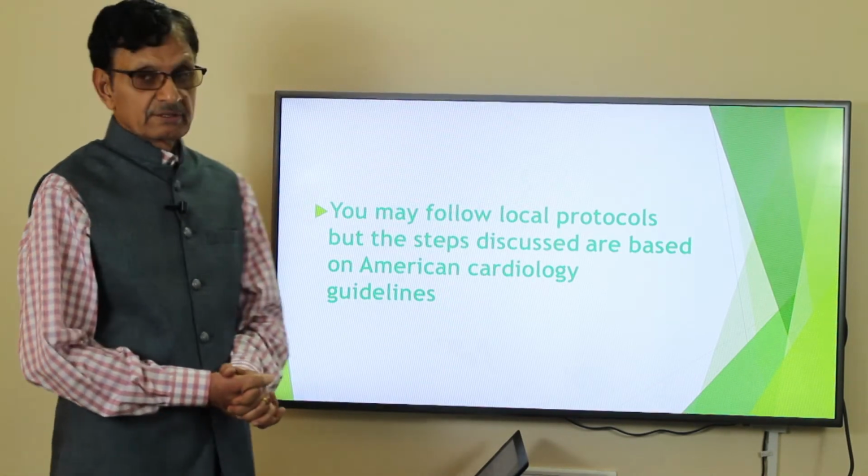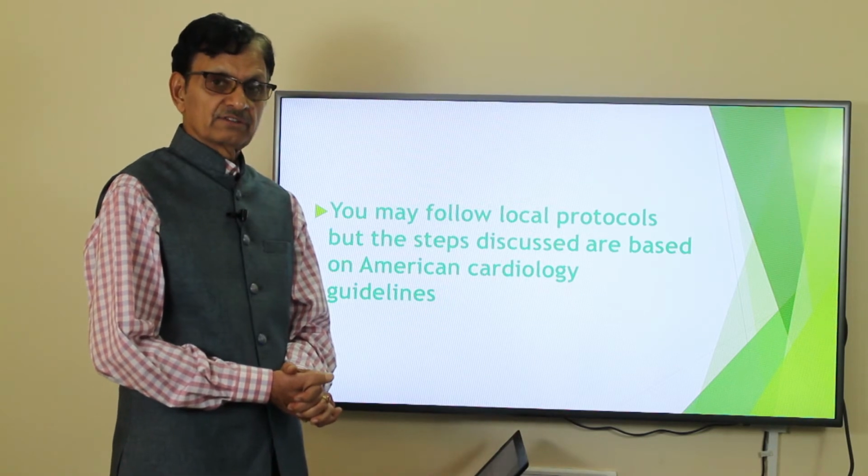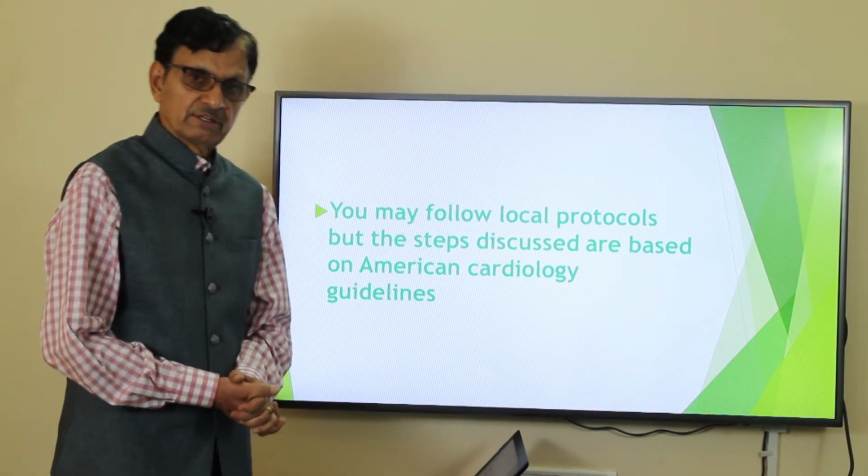And similarly, if the patient has acute ECG changes with ST changes indicative of ischemia, that's the time you should not be proceeding to surgery.